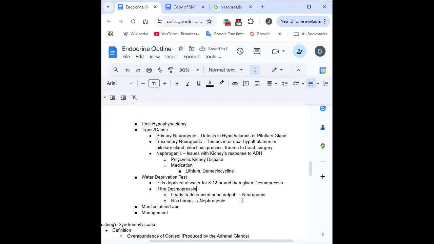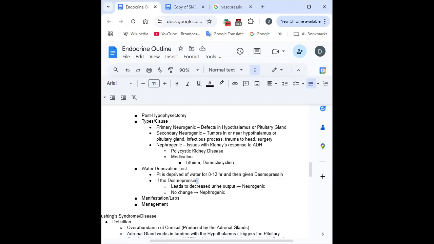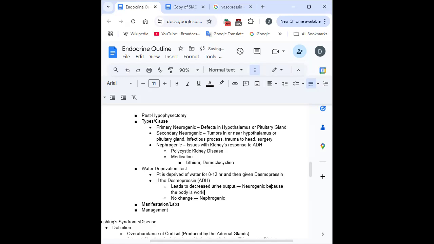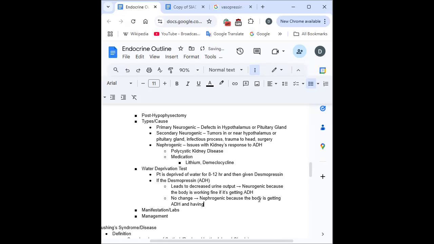So that's the key thing with this one, it lets you tell if it's a neurogenic or a nephrogenic DI. Because this is ADH, so neurogenic. We all understand this part right here? Cool.